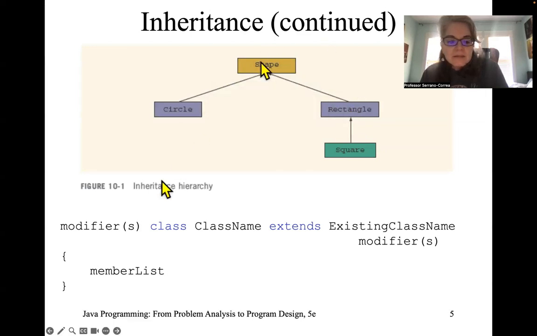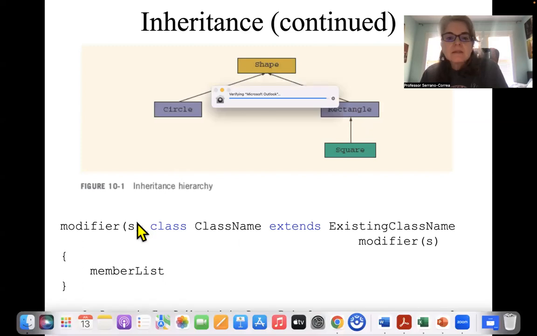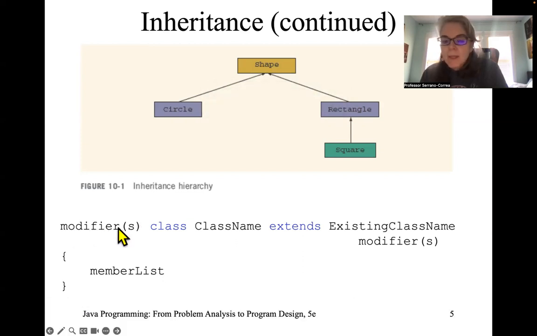The way that this is defined, we have modifiers like public, private, or protected. We have the reserved word class, the name of the class, and the word extends.